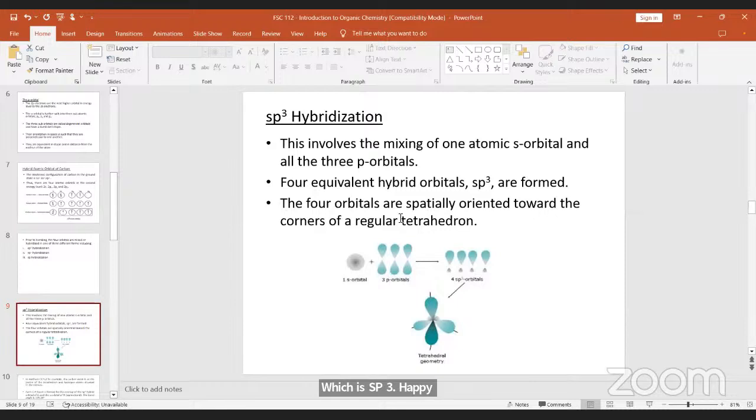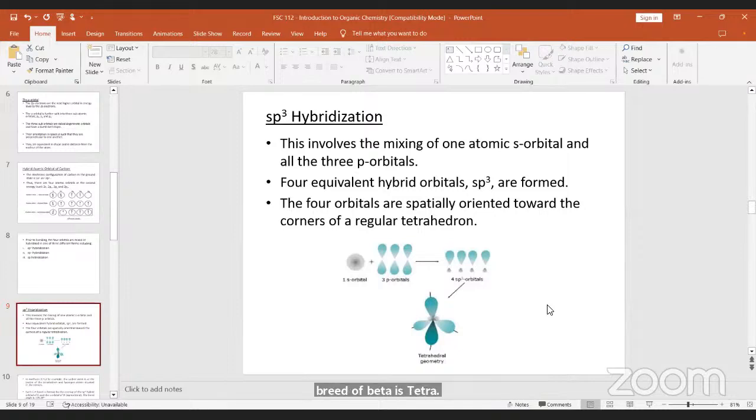The four orbitals are spatially oriented towards the corners of a regular tetrahedron. This is a regular tetrahedron, okay? You can see the four hybrid orbitals. All these four hybrid orbitals contain one electron, okay? And the shape of the hybrid orbital is tetrahedral.